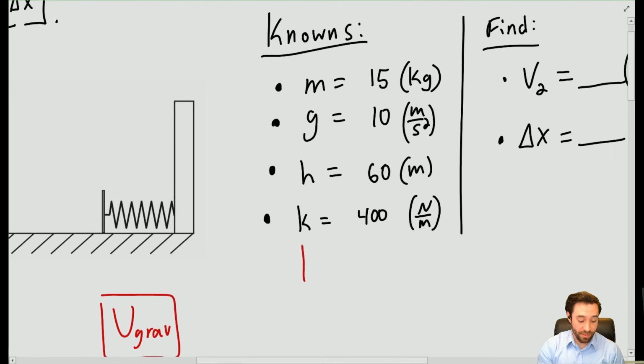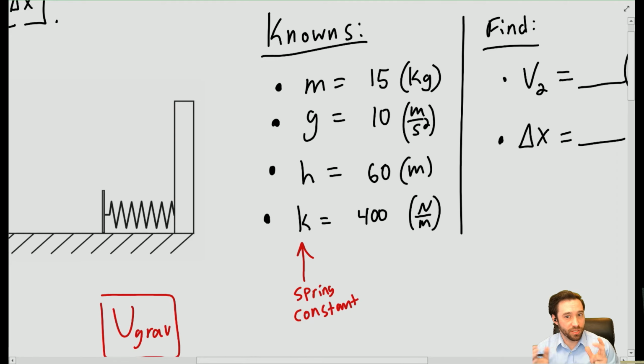And then this is the spring constant, which is telling me how stiff or how springy that spring is. That's just the characteristic of the spring. So that's going to have a value of 400 newtons per meter.